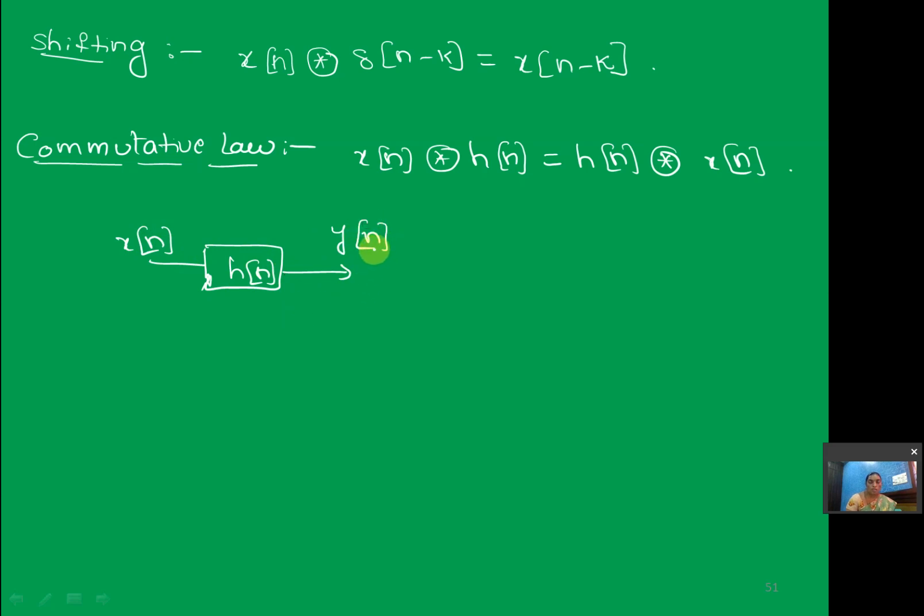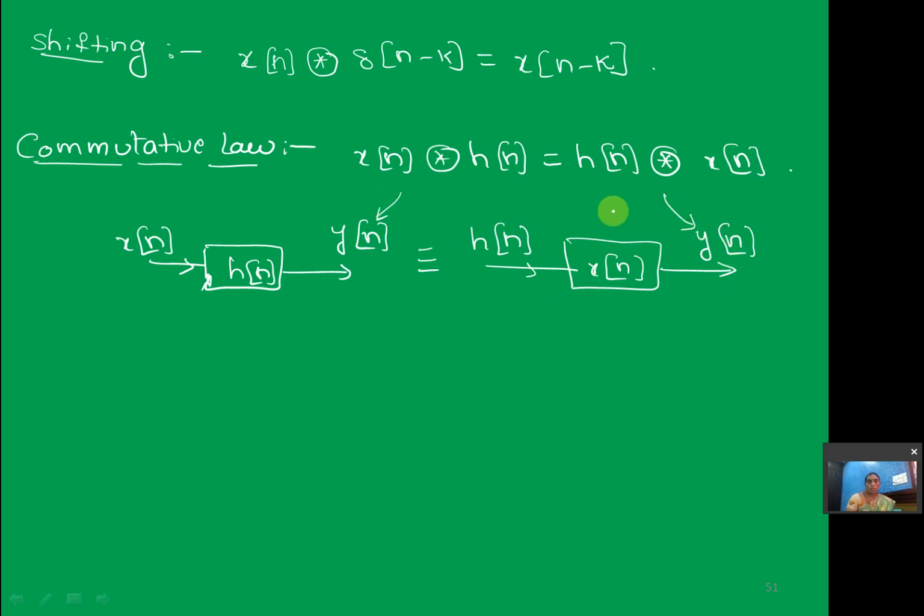Here y of n is nothing but x of n convolved with h of n, which is always equal to, if I take the input as the system response, h of n, and the impulse response as the input x of n, it also gives the same output y of n.